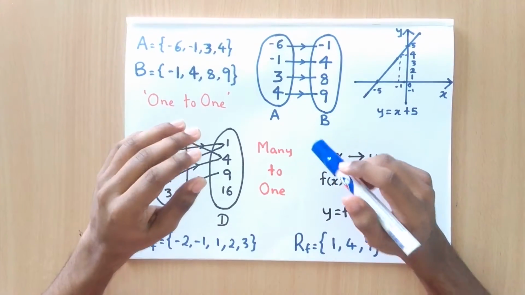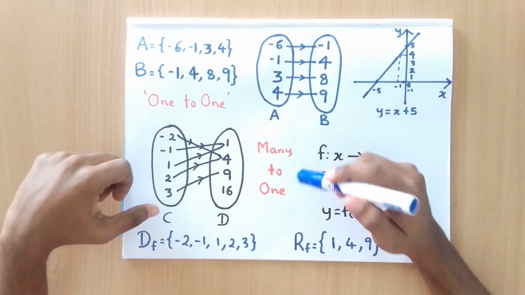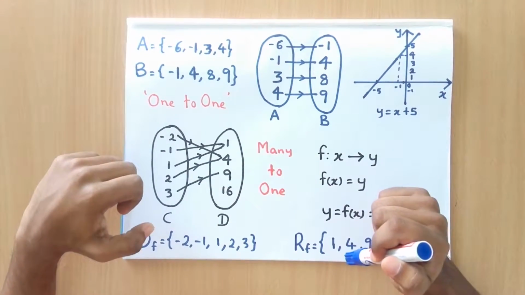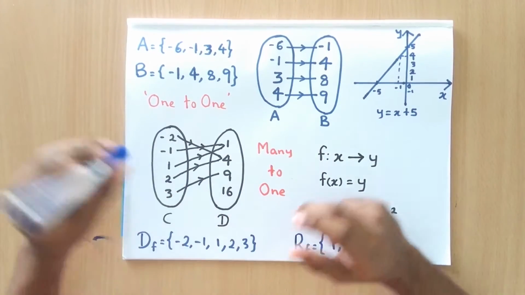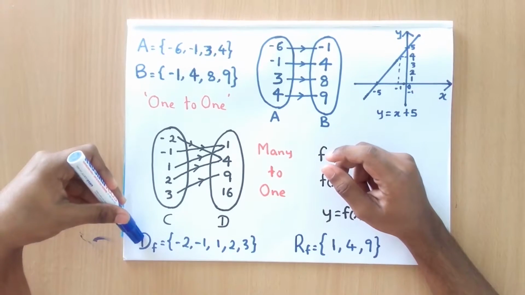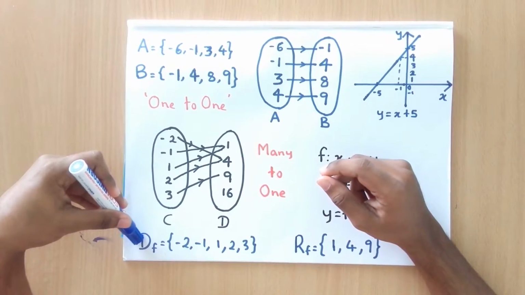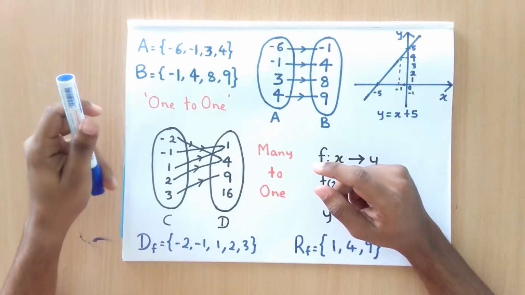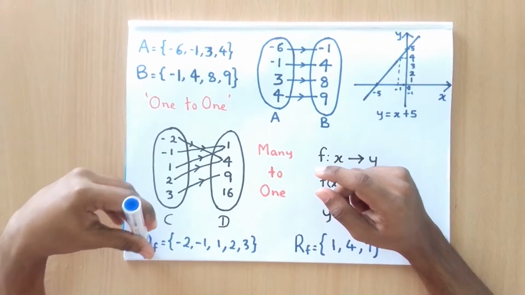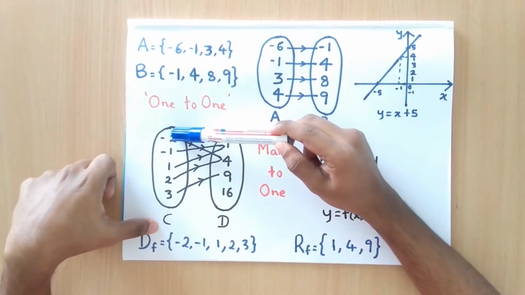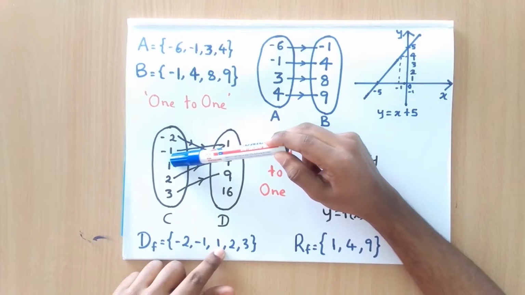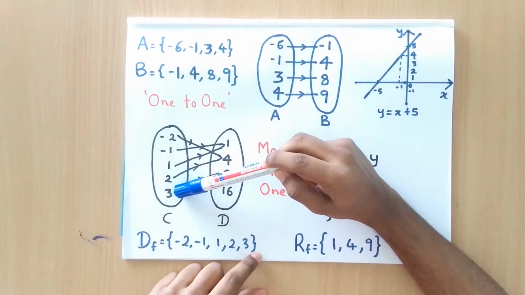A function f is defined for certain values of x only. This set of values of x is called the domain of the function f. In the above example, the domain of f is the set C, that is -2, -1, 1, 2 and 3.